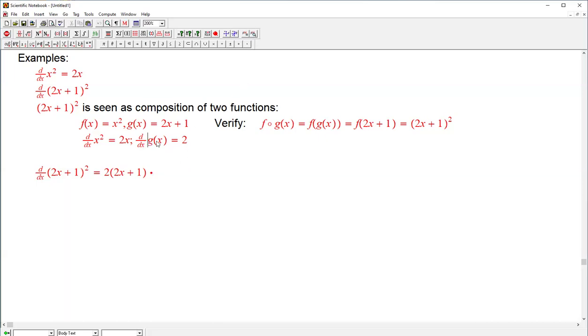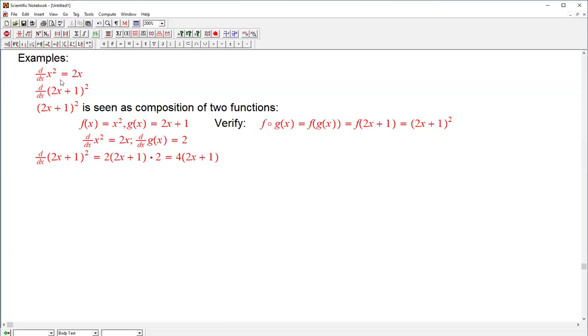Multiply the derivative of g. So we differentiate the parentheses, and in the end we get 4 times (2x plus 1). Of course, you can FOIL it if you want. That's how we differentiate by chain rule.